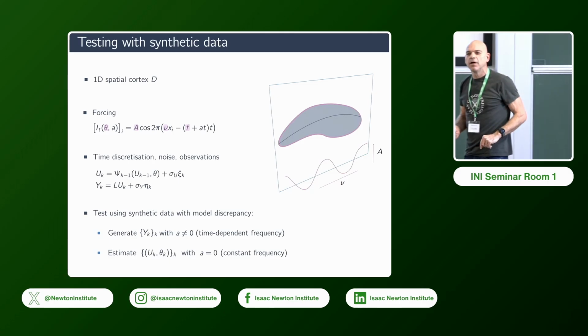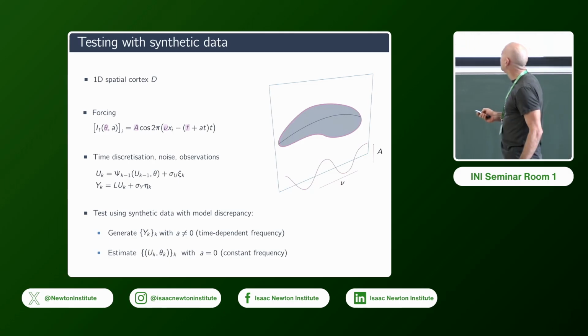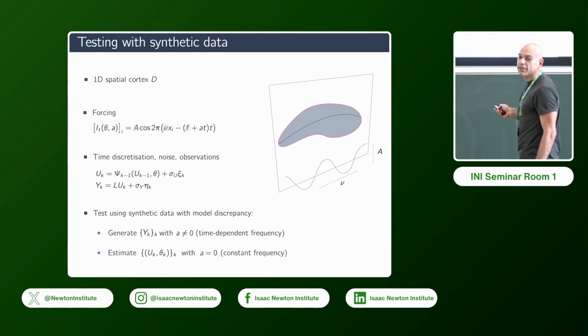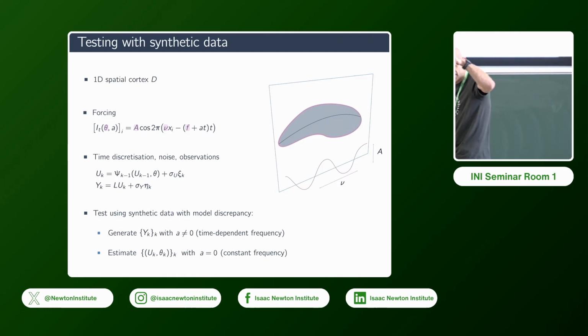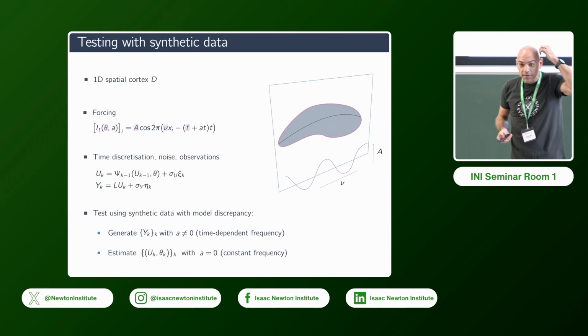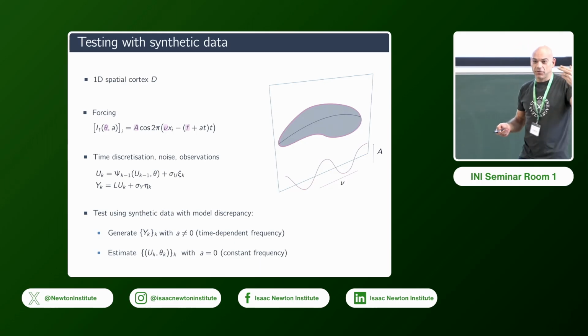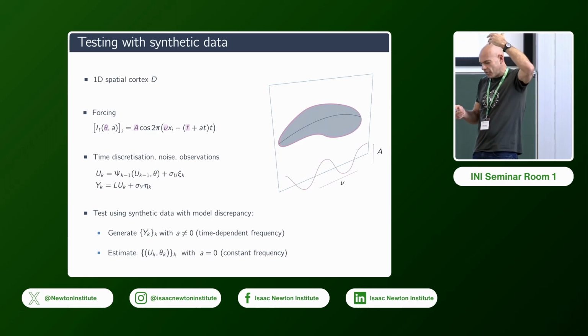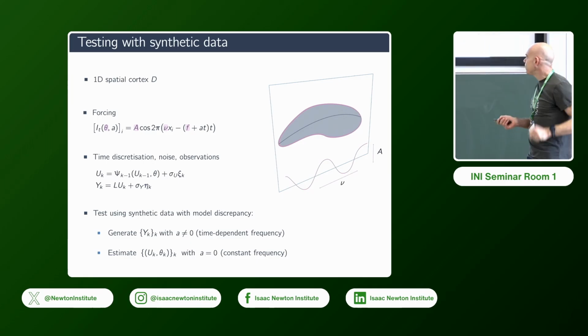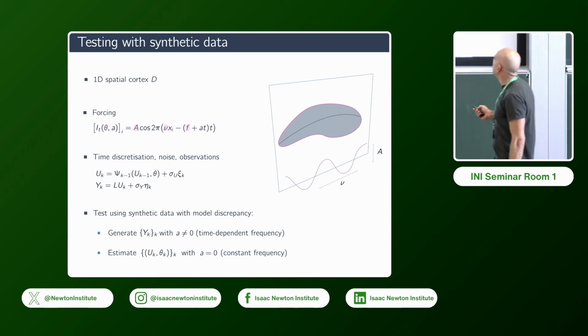Yes? Can I ask a quick question? Of course. So you have this L in front of u_k? Yes, it's linear. In this case, because the readings that we get are integrals, they happen to be linear functions of u. Must they be linear? Not for the analysis, but for the computation that we did, yes. Why do you have quadratic dependence on time? Where is it? A t times t. Yes, very good question.